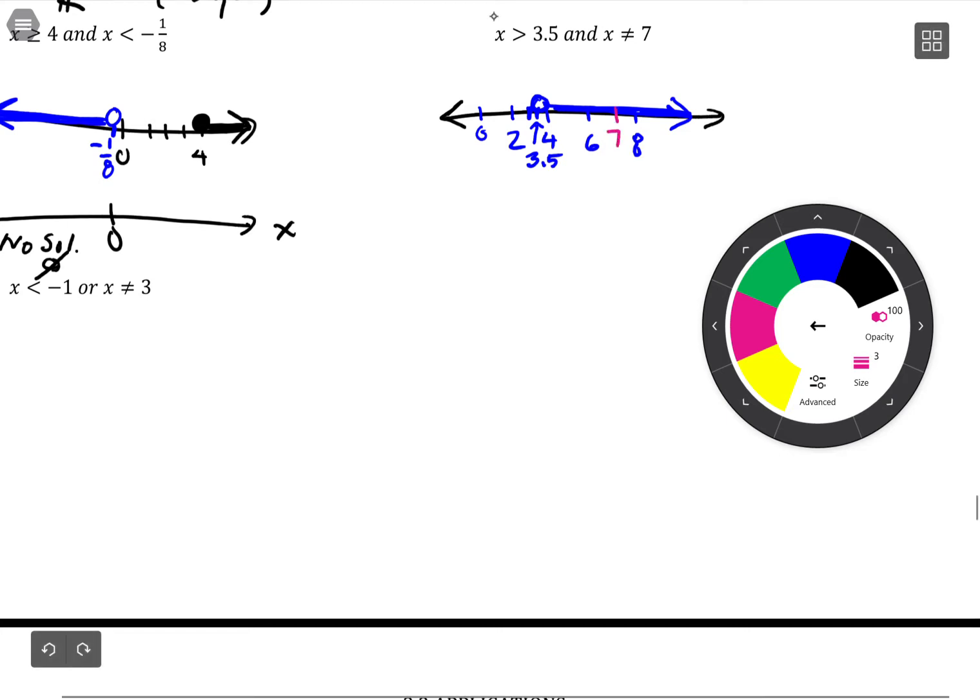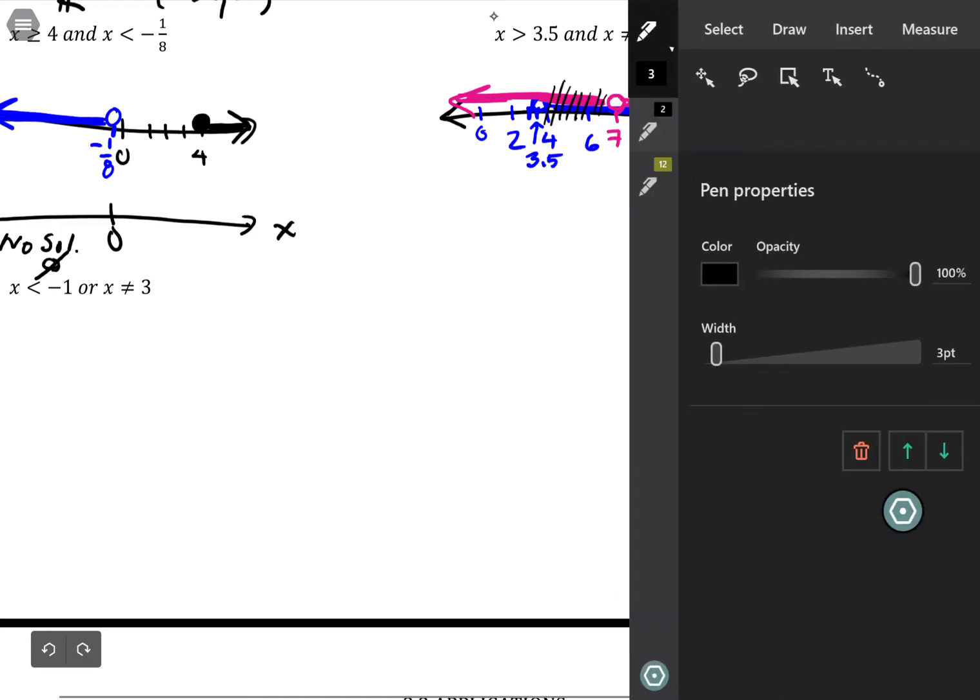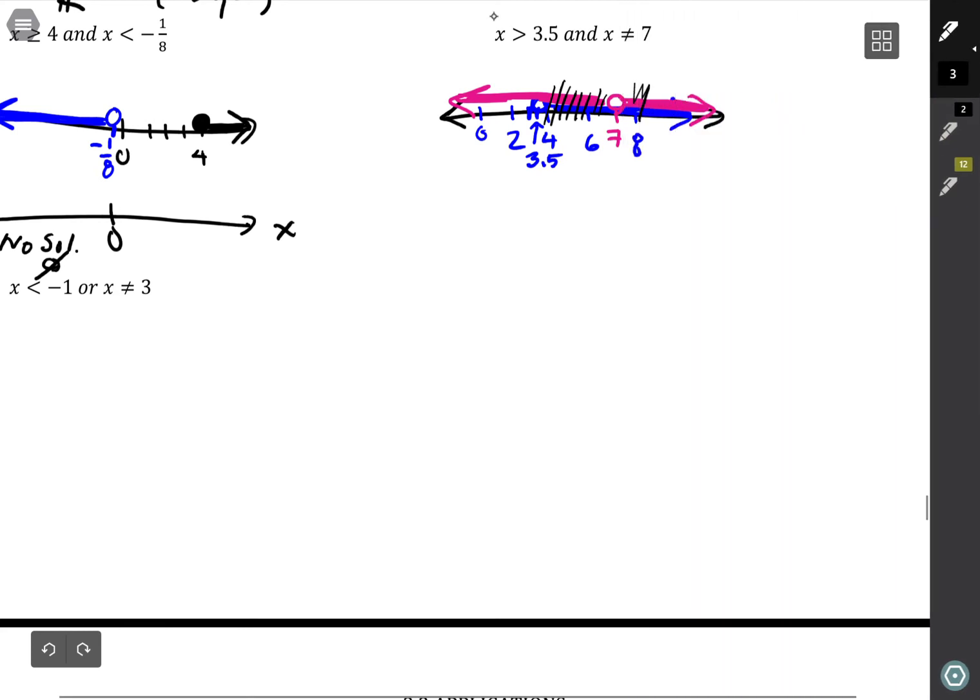So if this is 7 right in the middle here, we give that an open circle and we take everything to the right and we take everything to the left. And we're looking for the overlap only, so they both have to be true, which means we'll get everything from 3.5 over, excluding 7.